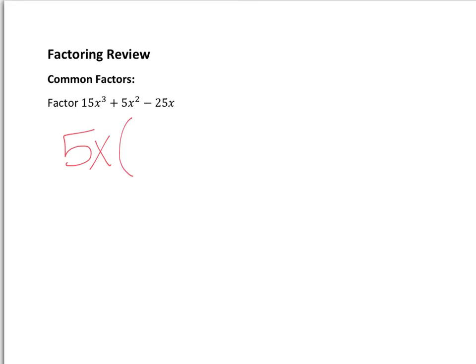If I take 15x cubed and divide it by 5x, left over I'm going to have 3x squared plus 5x squared divided by 5x is going to leave me with x minus negative 25x divided by 5x is just going to leave me with a negative 5.